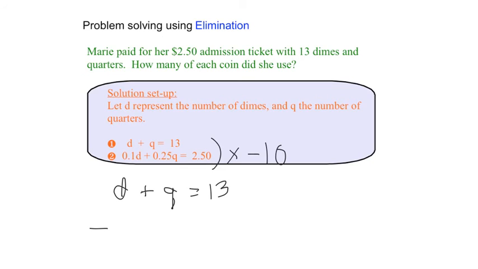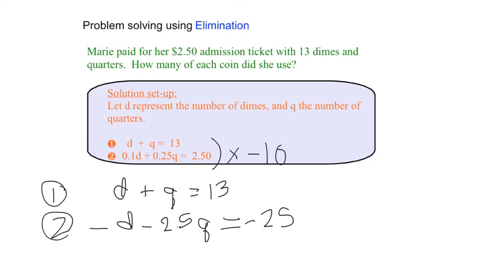Negative 10 times 0.1 is negative 1D. And 0.25 times negative 10 is negative 2.5Q, equals, and 2.5 times negative 10 is negative 25. So this is equation 1, this is equation 2. Even though it's been multiplied, I haven't changed anything.